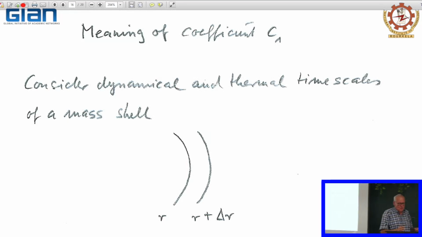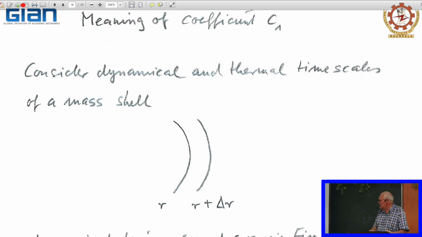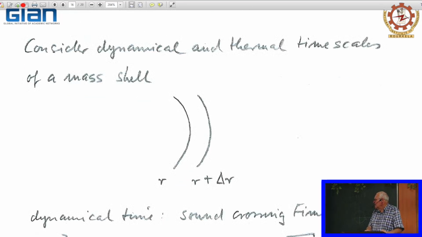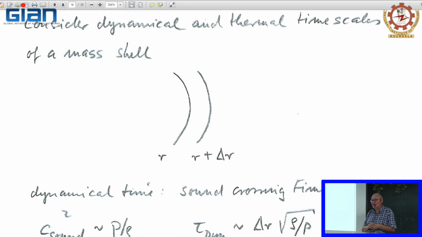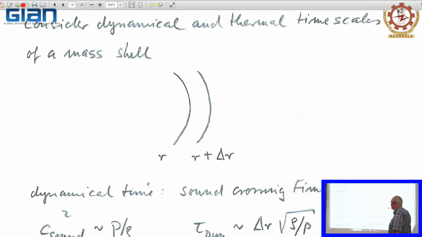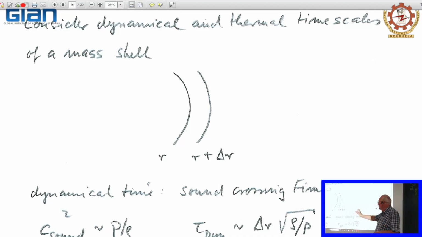One way to define the dynamical timescale would be to ask what is the fastest signal which we can have in a star. This is a sound wave which crosses this mass shell of thickness delta R. So the dynamical timescale would be the sound travel time across our mass shell of thickness delta R.